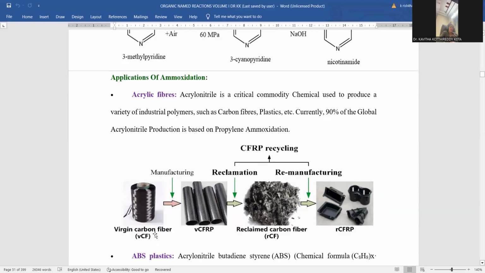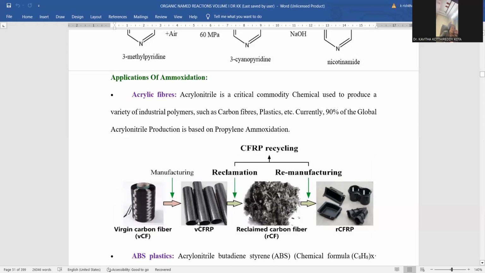They may be carbon fibers, carbon reinforced plastics, or reclaimed carbon fibers, and various carbon reinforced plastic generation you can notice over there. Here carbon fibers, plastics, etc. are generated currently. 90% of global acrylonitrile production is based on propylene ammoxidation.